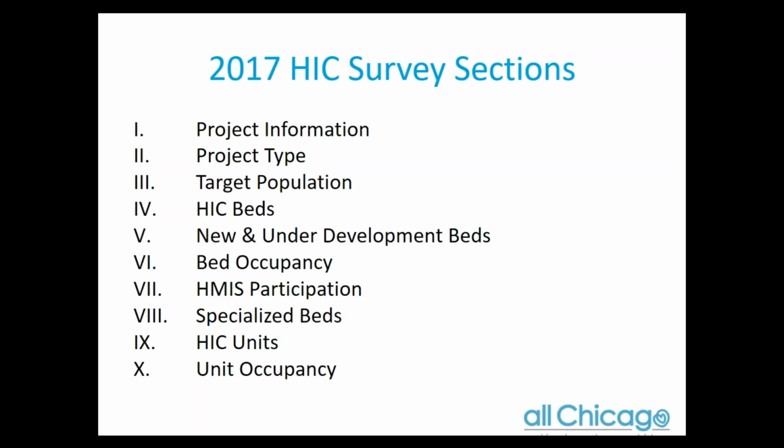So you'll be asked about your project information. This is your agency number, some contact information, your project type, your target population, your HIC beds, your new and under development beds, your bed occupancy, your HMIS participation, your specialized beds, your HIC units, and your HIC occupancy.